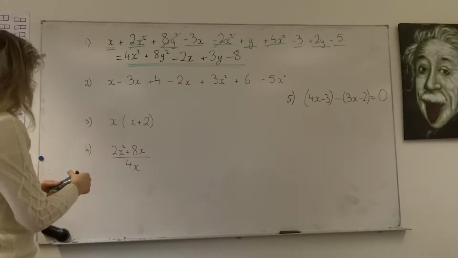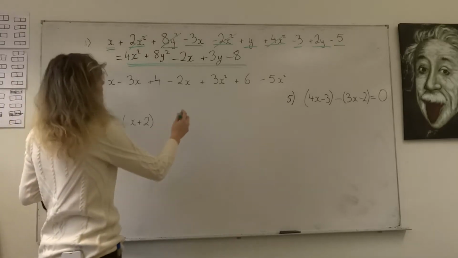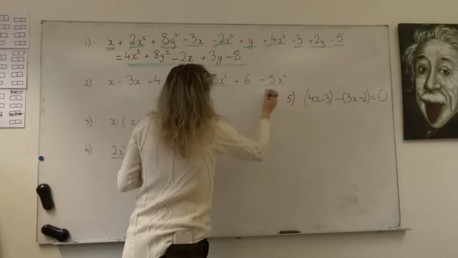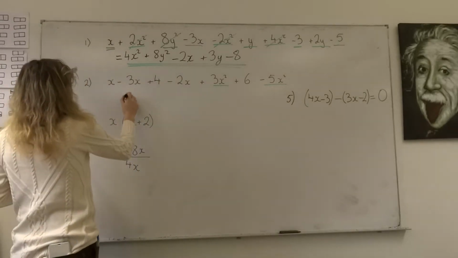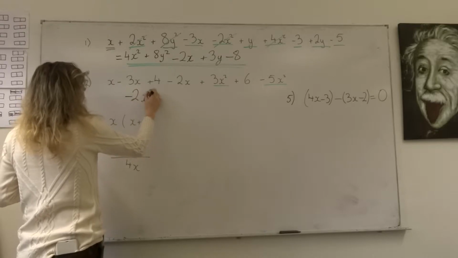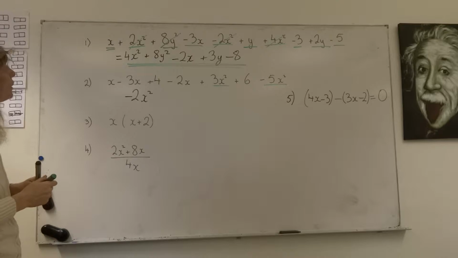Next expression, same technique. First we start looking for x squareds. There's 3 here and there's a minus 5x squared there. 3 minus 5 is minus 2. Minus 2 what? We were looking at x squared, so the answer is x squared. Then we'll look for x's.